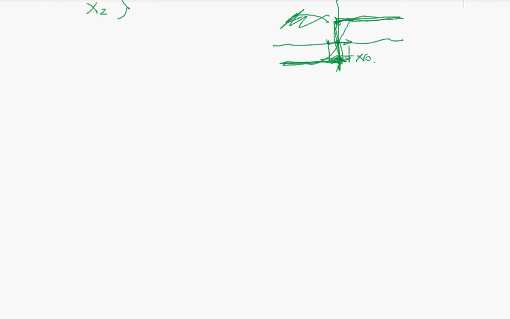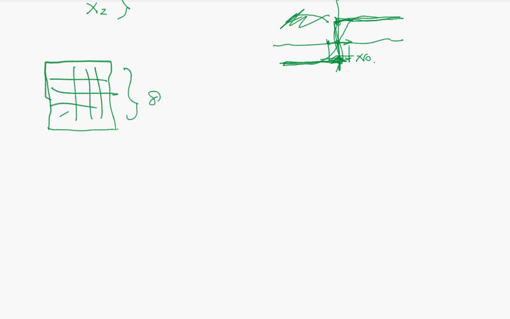I'm going to use a different example here. Suppose you have an 8 by 8 grid, and you write a number here like 3.